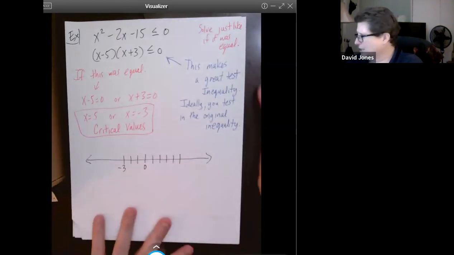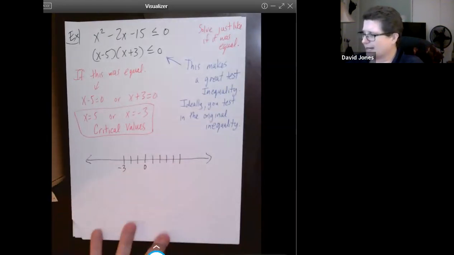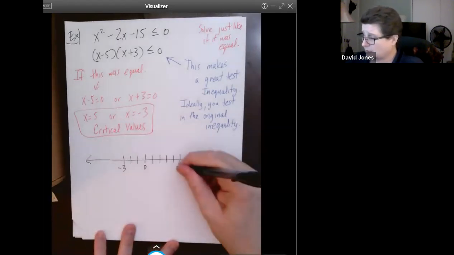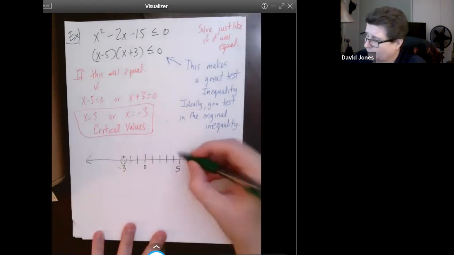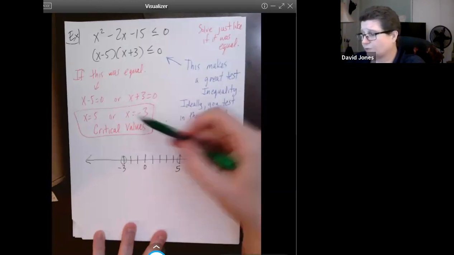I recommend doing the circles and shading them right away. So I've got negative 3 gets a circle, 5 gets a circle. Those are my two critical values.